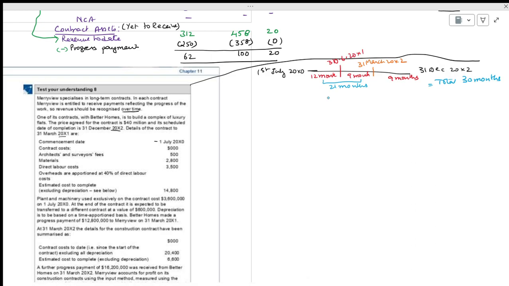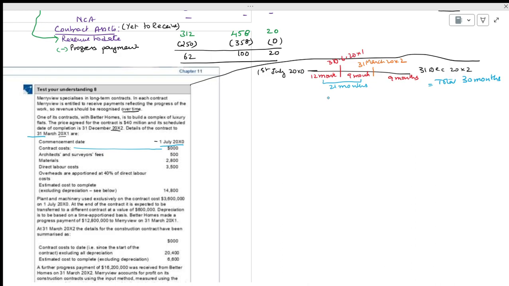Okay. Fine. Yes. Next, now you see the things. Commencement detail. Contract cost, 2001. Architect fees 500, materials 2,800, labor cost 3,500.